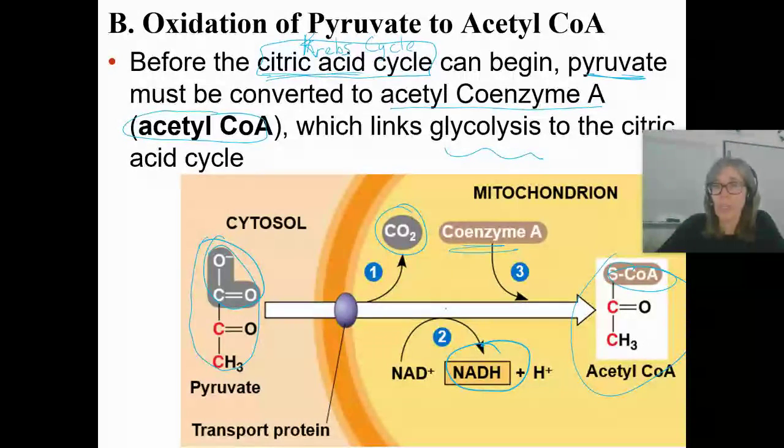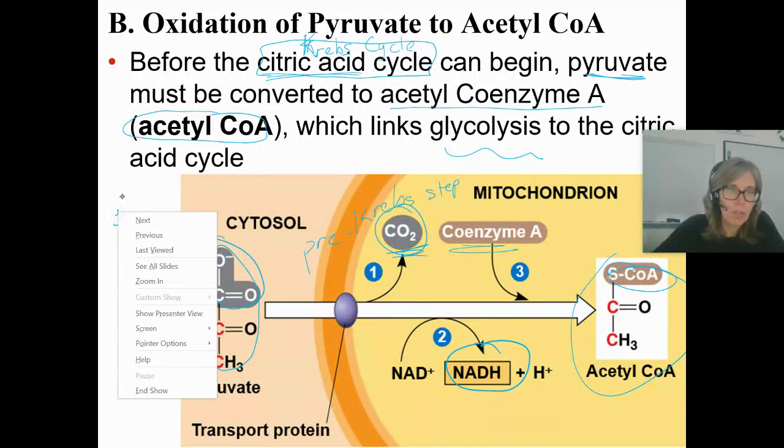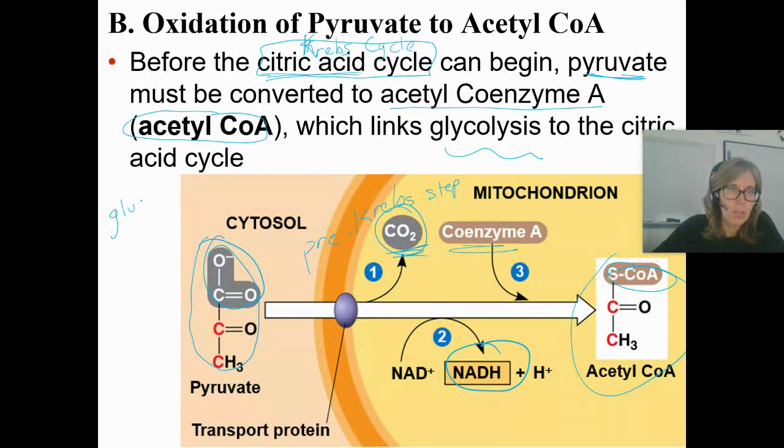So in this pre-Krebs step, that's what I'm going to call this, pre-Krebs, because we haven't actually gotten to the Krebs cycle yet, we've already made some CO2. So remember, before glycolysis, we started out with glucose, which had 6 carbons, C6H12O6, right?